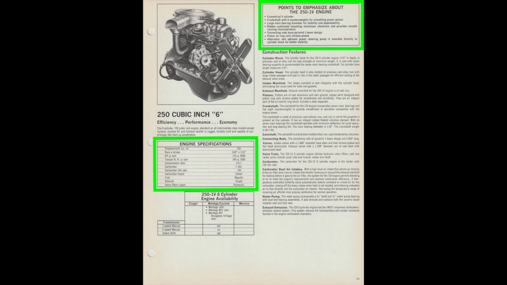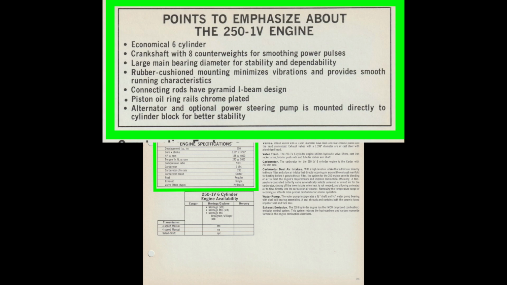Let's take a closer look at these two areas on the page, beginning with this information box labeled Points to Emphasize about the 251-barrel engine. The text reads: economical six-cylinder; crankshaft with 8 counterweights for smoothing power pulses; large main bearing diameter for stability and dependability; rubber cushioned mounting minimizes vibrations and provides smooth running characteristics.